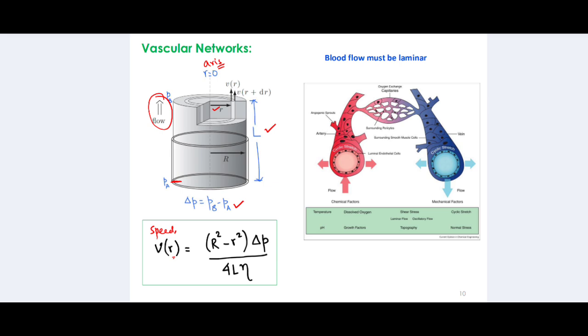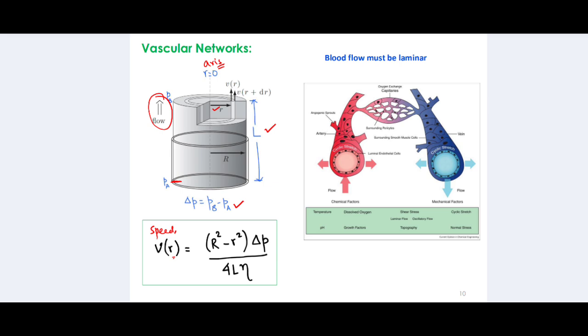So it can be shown that the velocity, that the speed, is a function of how far away you are from the axis. Just a second, this will be clear. So it depends on how far away you are from your axis.